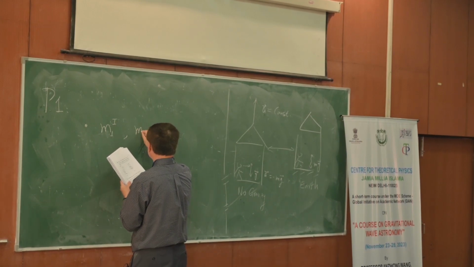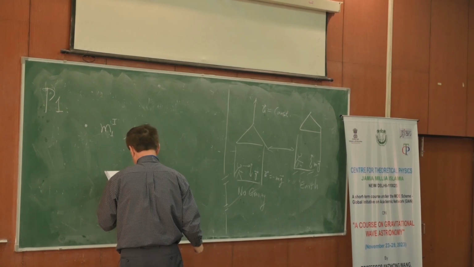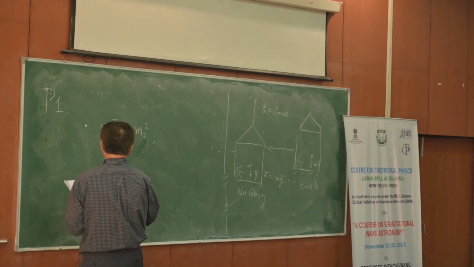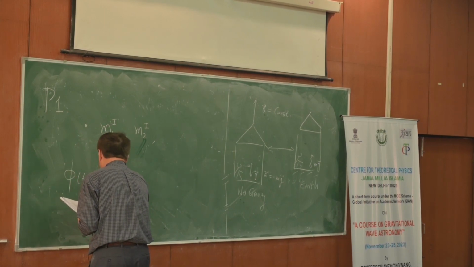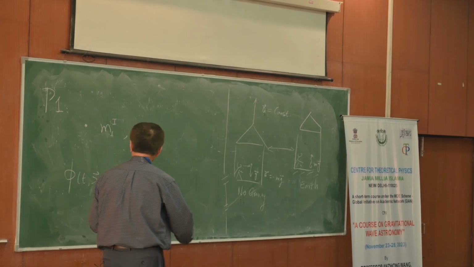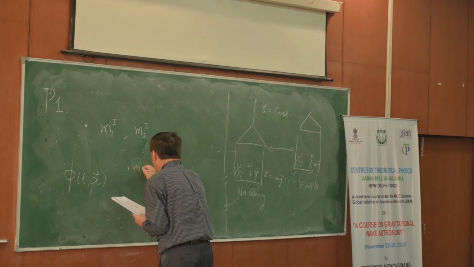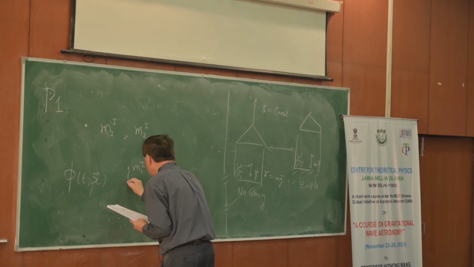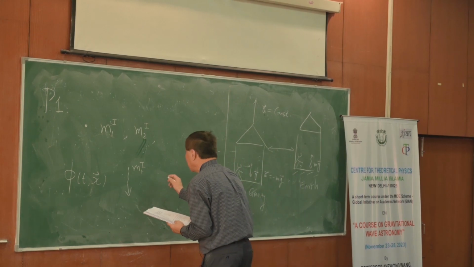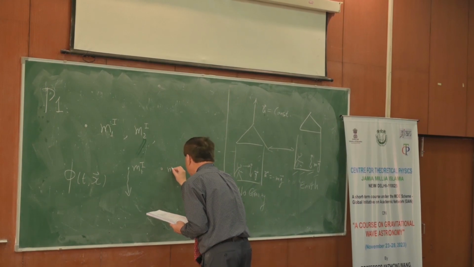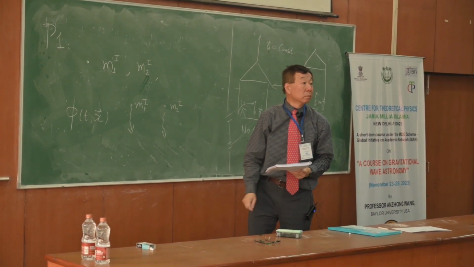Then we have particle 2, also with an inertial mass. So if I have a gravitational field, which can be time dependent, then you can see for M1 with an inertial mass, let's say it falls down. I have also the particle M2 falling down with this one, right?